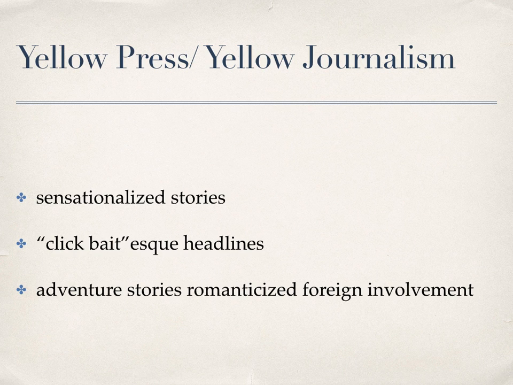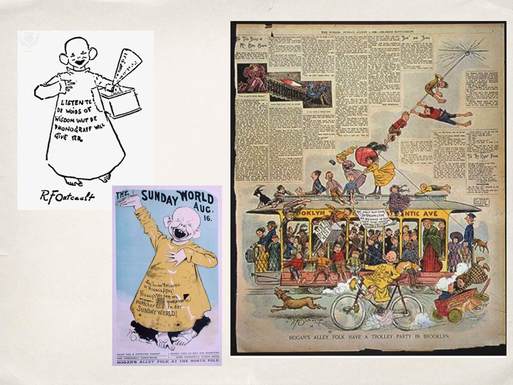Stories like this increased public interest and stimulated demands for a larger U.S. role in world affairs. And they were typically printed in newspapers that were called the yellow press or yellow journalism.